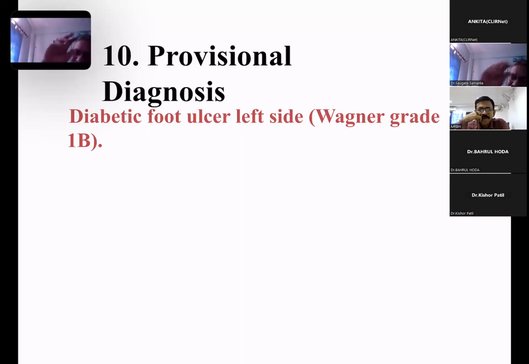So now tell me, what kind of reconstructions can be contemplated in a diabetic foot ulcer to improve ischemia? How do you decide about endovascular versus open bypass? So we can do femoroarterial bypass surgery. Then how do you decide?